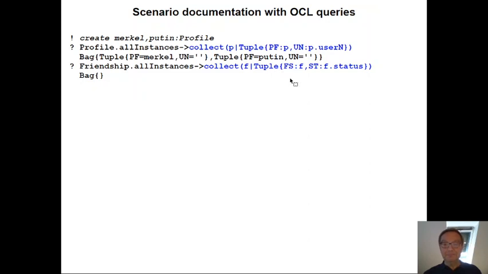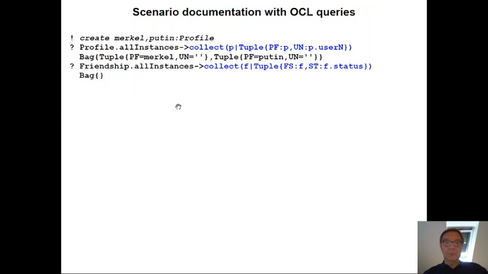I'm building a tuple with two components: fs is a friendship, that's the f, and the status is f.status. There are no friendship objects currently available, and the result of this query is the empty bag.